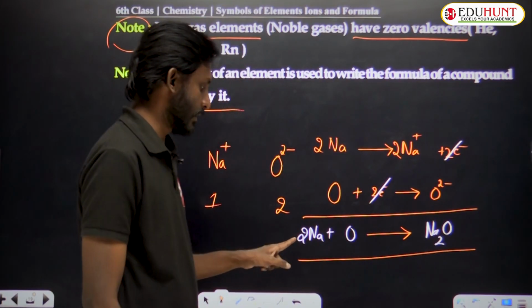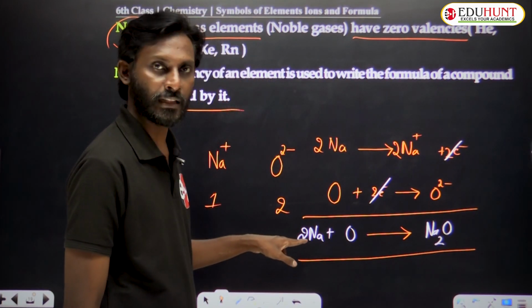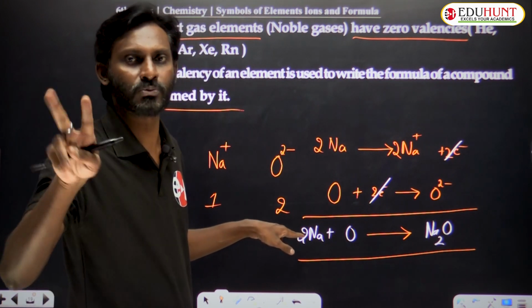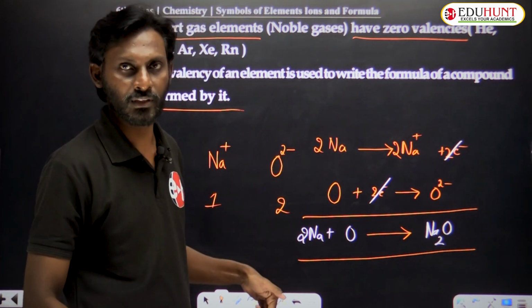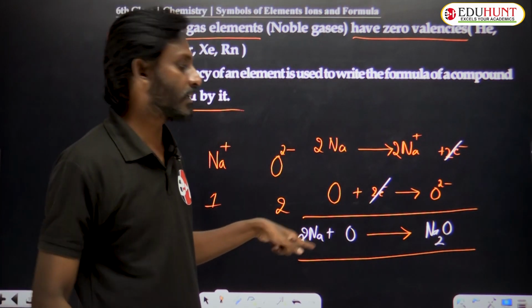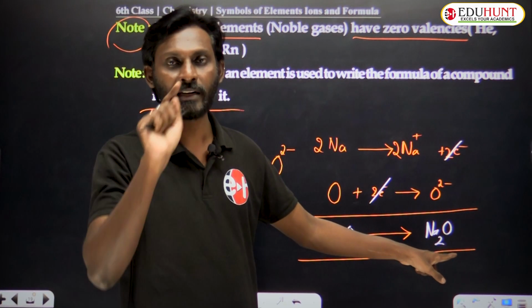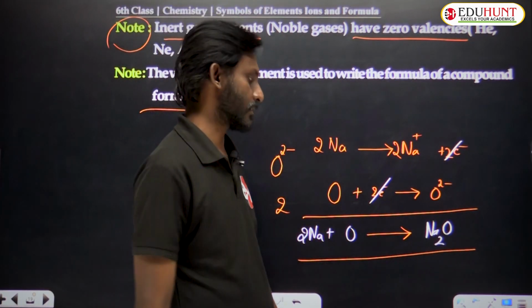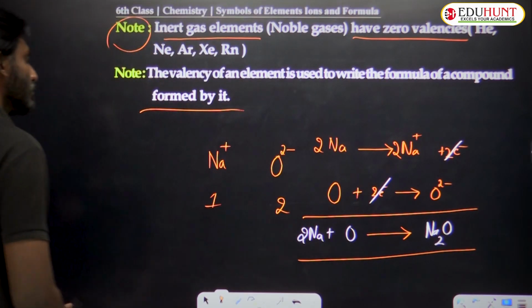When you are showing separately the number of atoms, you have to use the coefficient. There are 2 sodium, you are using 2 sodium, that's why coefficient 2. But for the 2 sodium present in the compound, you have to write the number 2 as a subscript. So this is how.